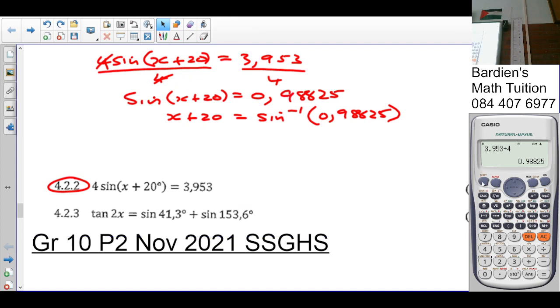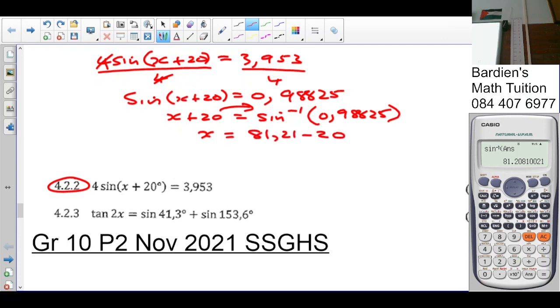Arc sine, and I use my answer button. 81.21. So we take the 20 degrees over, so x is equal to 81.21 minus 20, which is 61.21 degrees.